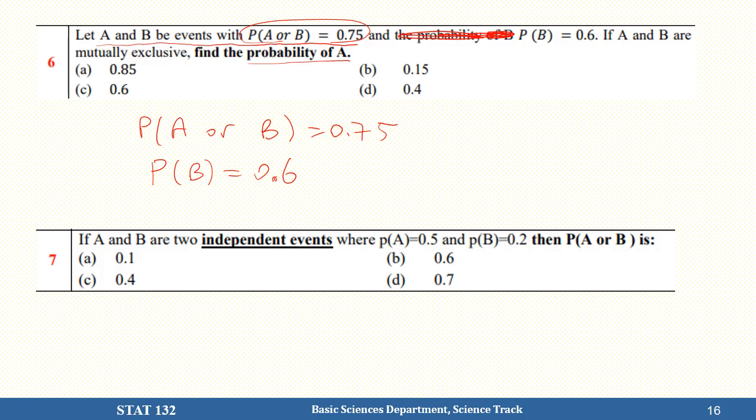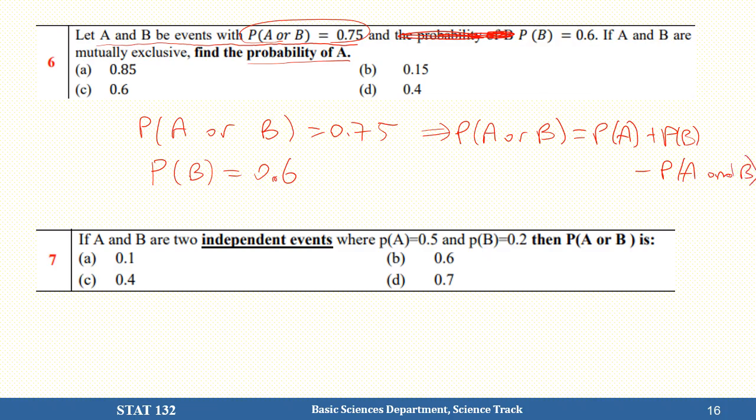And let's write the formula here. The general formula for A or B, the addition rule, is the probability of A plus the probability of B minus the probability of A intersection B, or A and B.